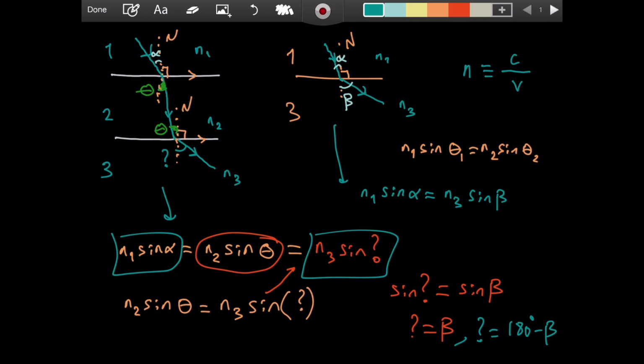For example, let me draw it here. If beta was 40 degrees, then what would you do here, right? It would be kind of not refracted, but it would be reflected. That's why we don't consider the case where question mark is equal to 180 degrees minus beta.